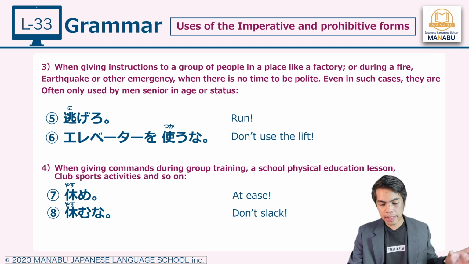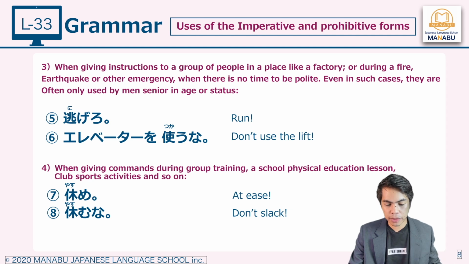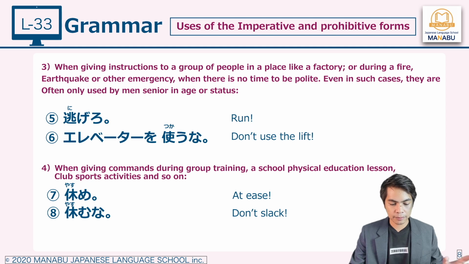So for example, there is a training or club sports, the leaders say yasume. So a command with a strong tone or a command with authority. Yasume. From the verb yasumimasu, to take a rest, he said yasume, at ease. And yasumuna, don't slack, don't rest.